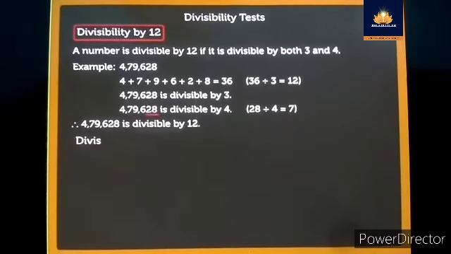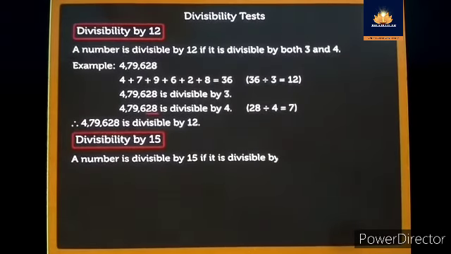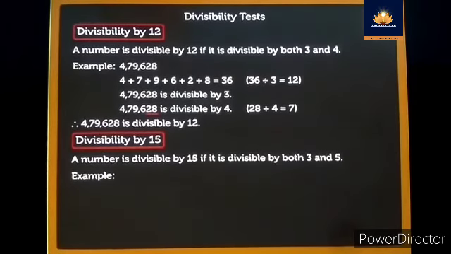And at last, divisibility by 15. A number is divisible by 15 if it is divisible by both 3 and 5. For example, 5,60,955.